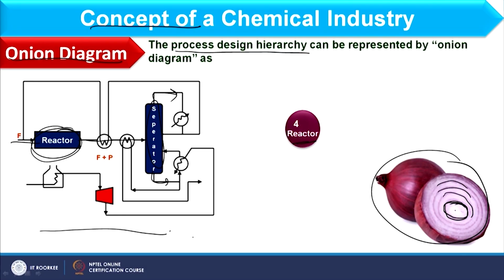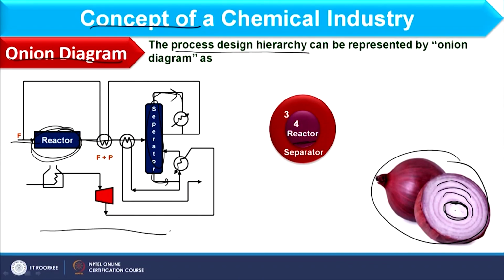So once the reactor forms the product, we have to separate it. This is represented in the onion diagram by another layer above the core. Please keep in mind, the innermost layer is the reactor, and above it we have the layer of the separator.